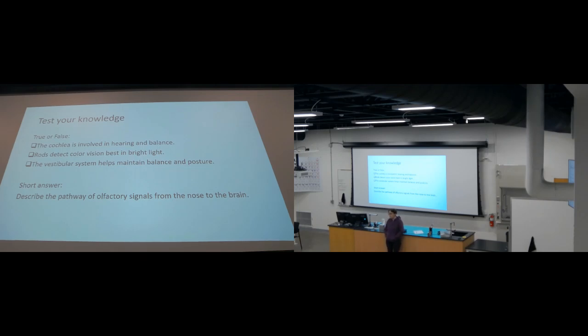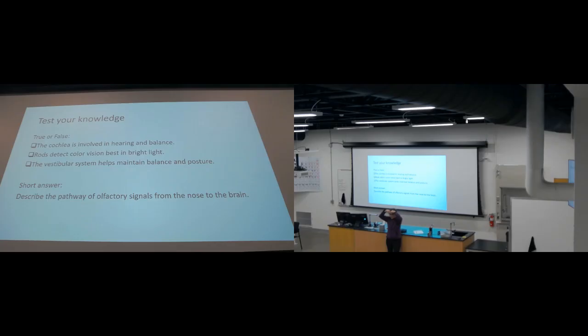Olfactory nerves, cranial nerve number 1, pass the axons through what plate of what bone? The one above the vomer. The ethmoid, the cribriform plate of the ethmoid.